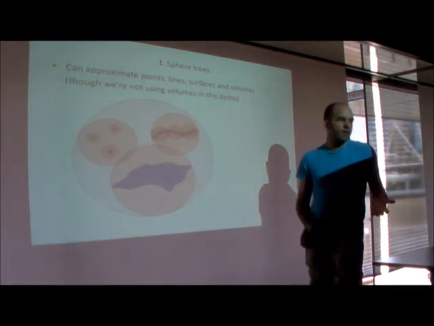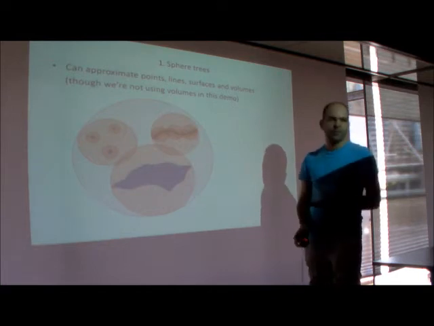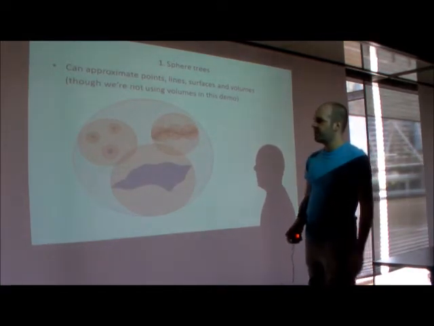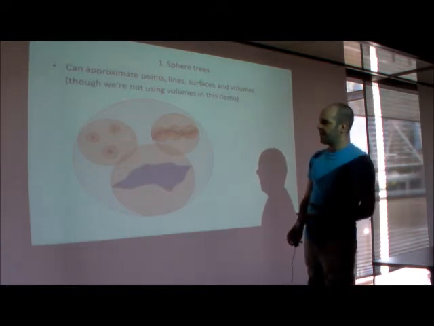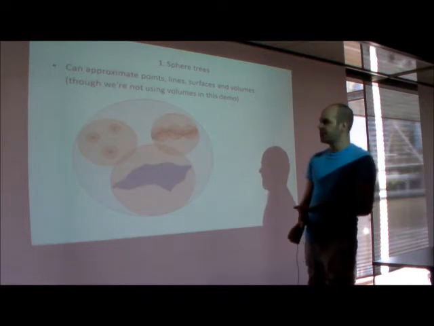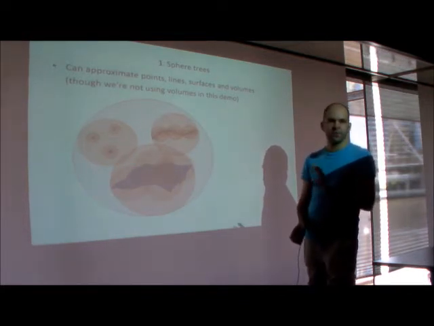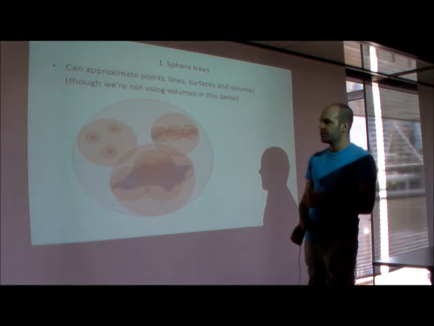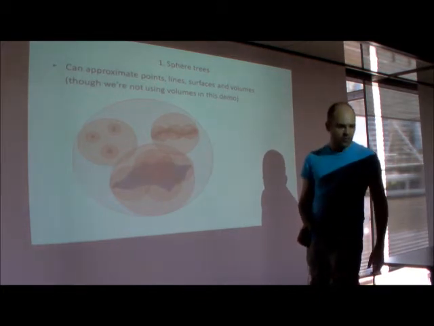Because it's a sphere tree, you can approximate it to whatever level of detail you want to go down to, depending on how much memory you've got for storing the sphere tree. And for a surface, quite similarly to the curve, for a particular patch, you could have 4 child patches which store a small amount of the geometry, and in turn each child patch could store a smaller set, etc.